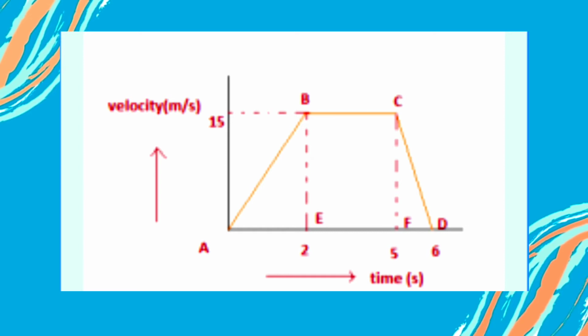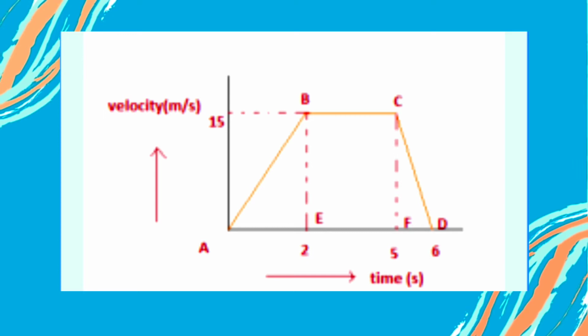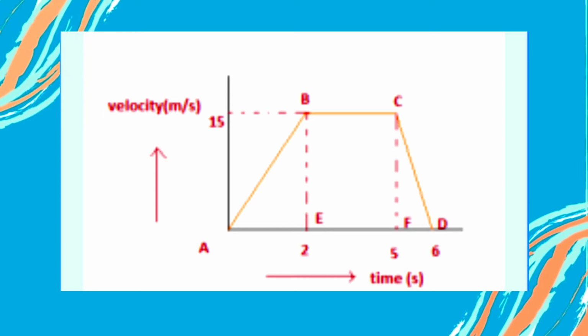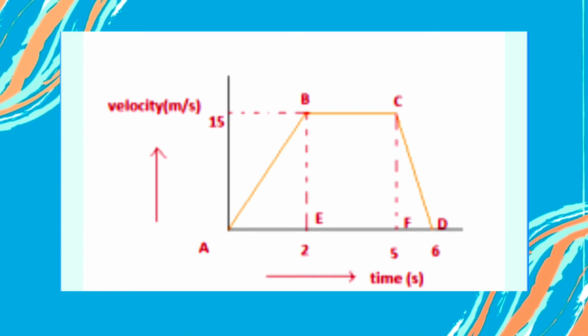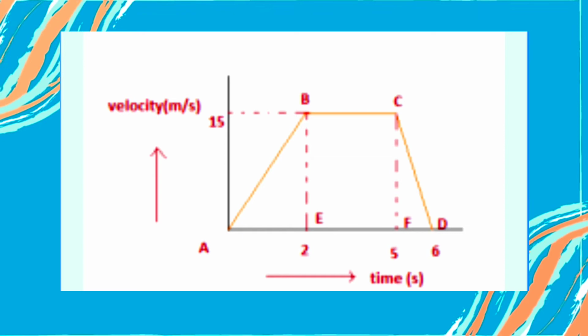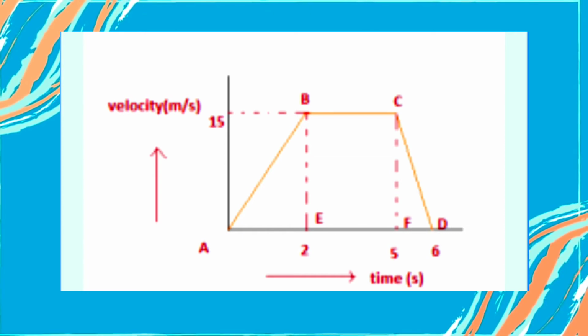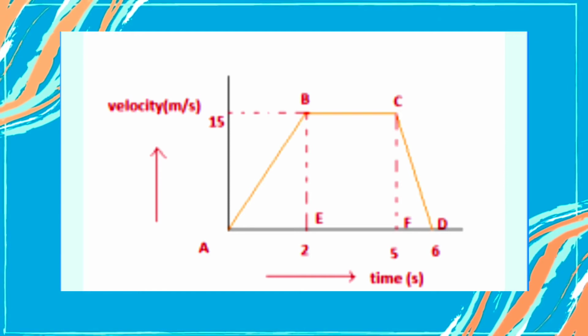So we will just find the area under the line AB. For that we will consider a triangle ABE. Here the triangle ABE represents the distance covered by the SUV in 2 seconds.